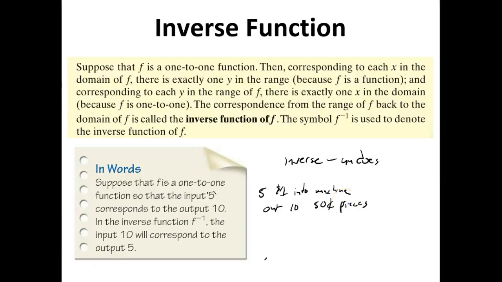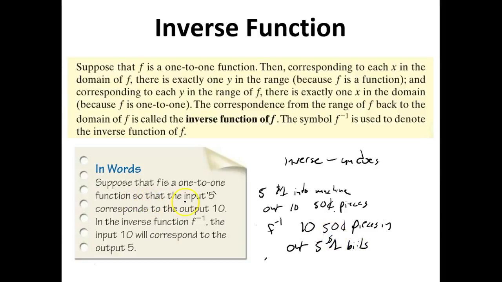Well, if we wanted to undo that, because we don't like 50-cent pieces, they're heavy in our pockets, if we go to a different machine that's right next to it, the inverse machine, when we put those 10 50-cent pieces in, we're going to get out 5 $1 bills.